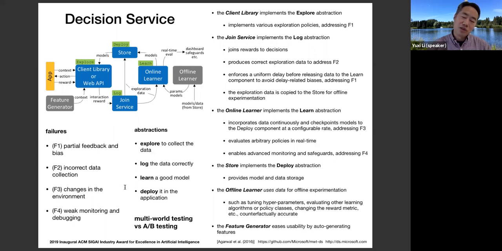But there are also other failures or issues. So Microsoft abstracted these functions in this system and implemented this. I think this is a good illustration of how to extend current practice in software engineering into machine learning or reinforcement learning applications and software systems. I think this is very interesting.